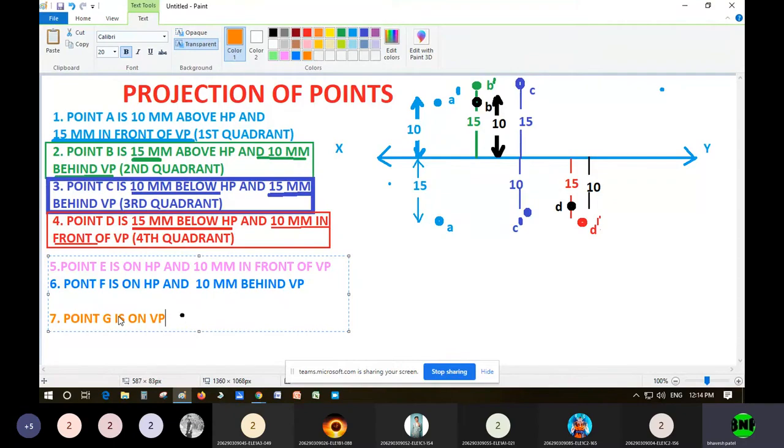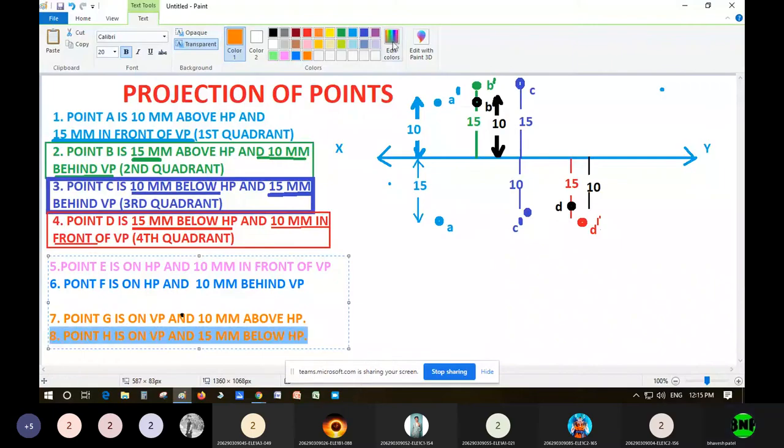So point G is on VP and 10 mm above HP, right? And similarly we will consider point H is on VP and 15 mm below HP, right? With reference to HP, we can write above and below.